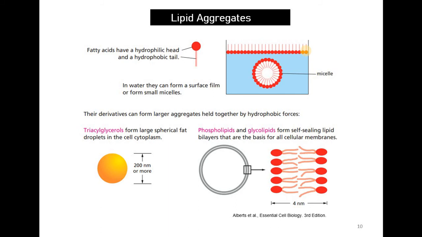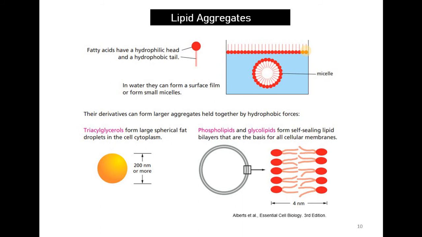So this has a property to form a micelle-like structure. If you put them in water, they can form a surface film or a small micelle-like structure, in which the hydrophobic tails are facing inside and all the heads are facing the outside. The derivatives can form larger aggregates which are held together by hydrophobic forces.